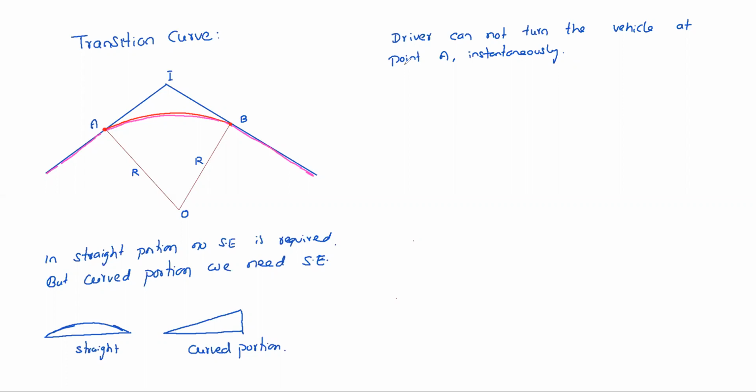Immediately he cannot turn the steering. If we try to turn instantaneously, a jerk will come. So we don't want that jerk. Passengers will feel discomfort.